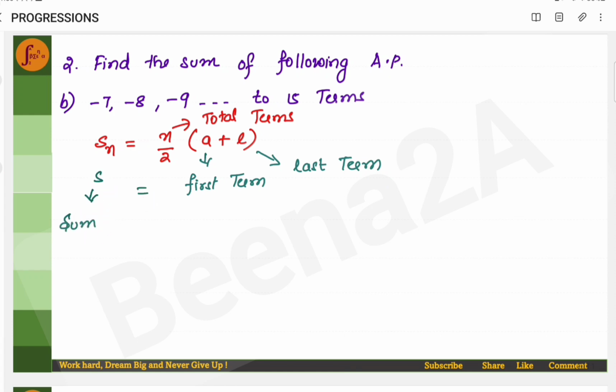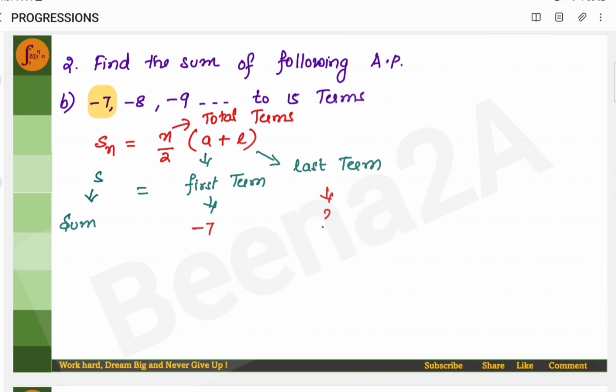Now, what is the first term here in this sequence? The first term is minus 7. What is the last term in this sequence? We don't know, because this continues till 15 terms. What is n?